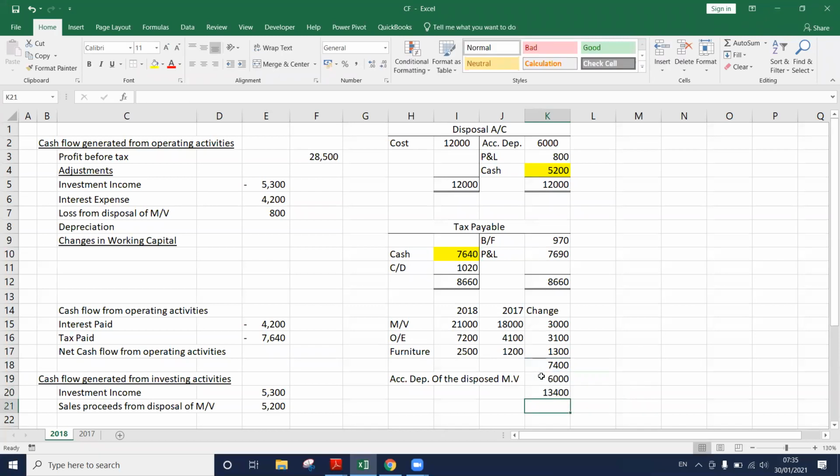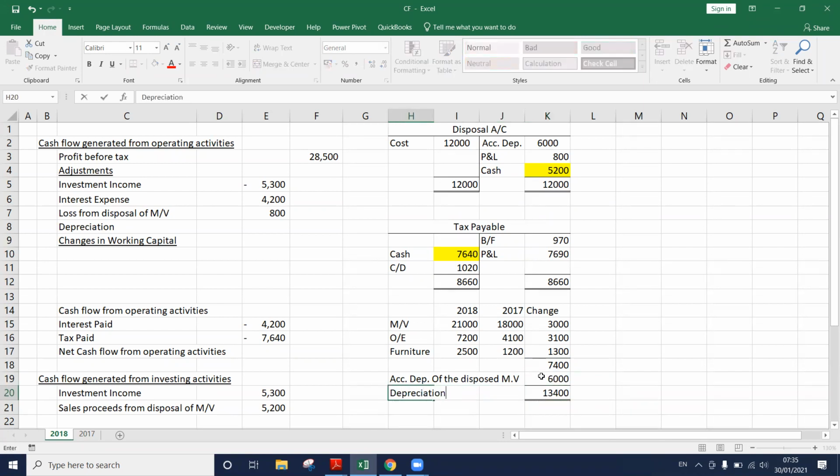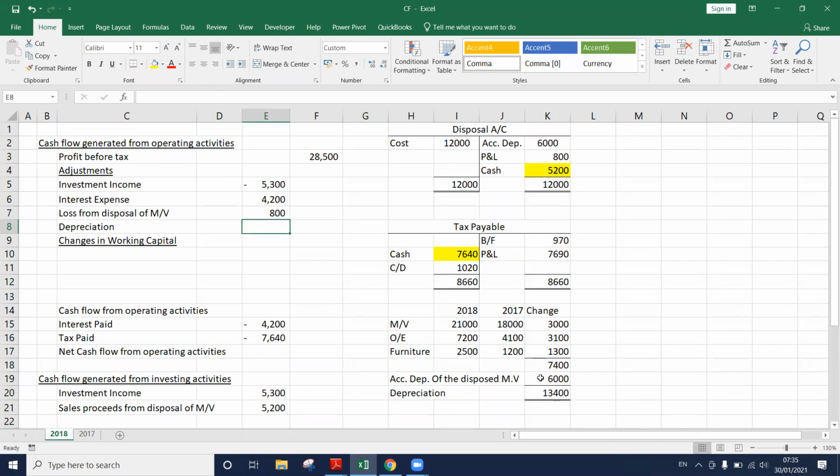Therefore, the depreciation charge for the period should be 13,400. This depreciation amount is a non-cash expense, meaning it has already been deducted when calculating this figure. So we need to add back 13,400. Okay.